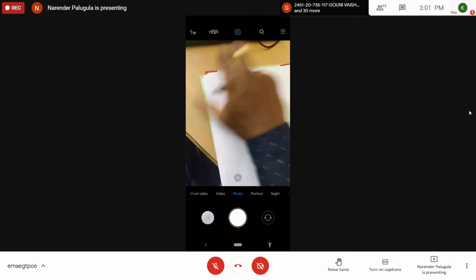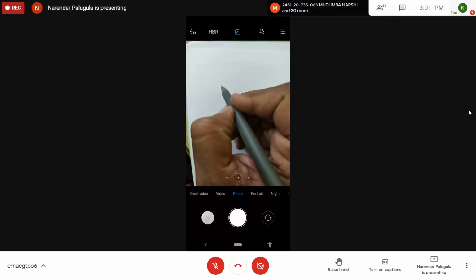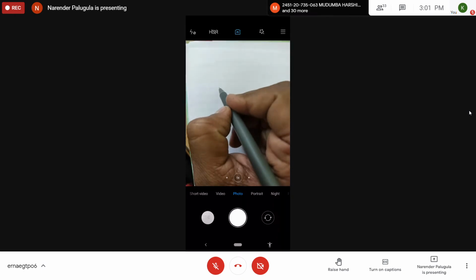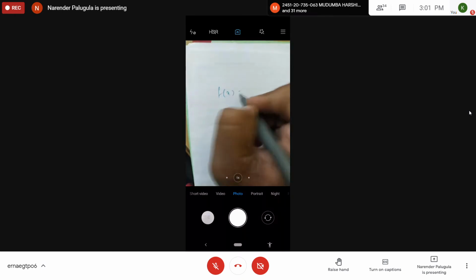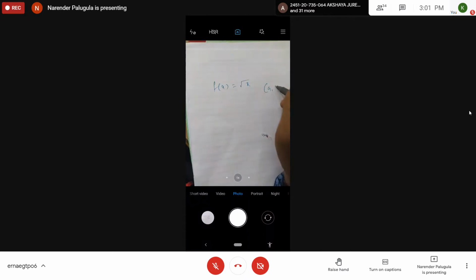So we will get questions like this. And let us take one more example on Lagrange's theorem. f of x is equal to root x, interval a to b. Same question, same method, same interval.